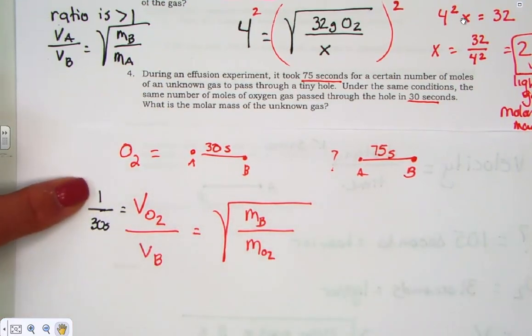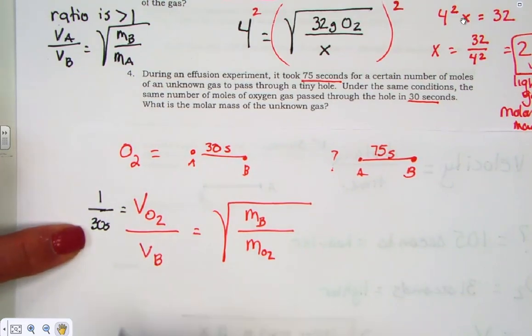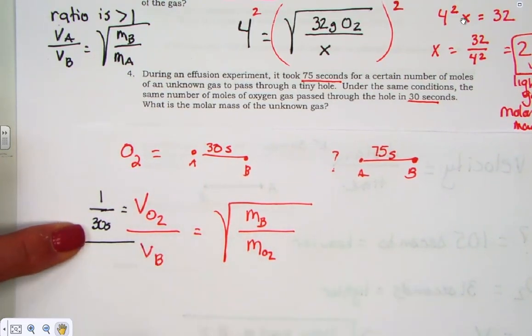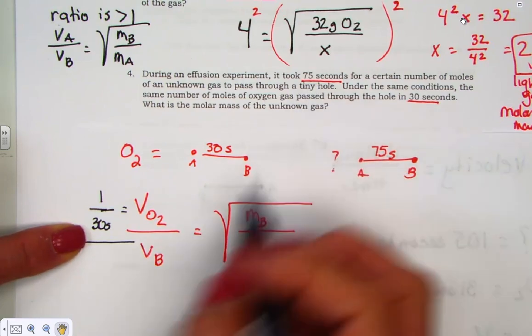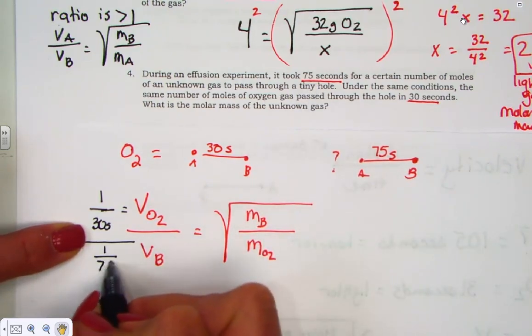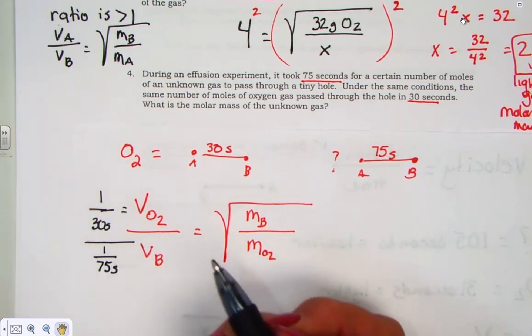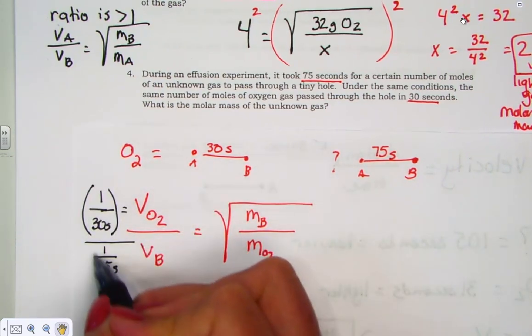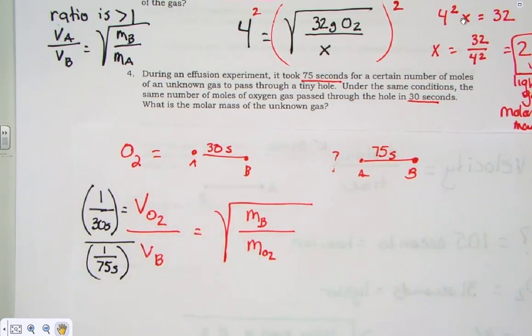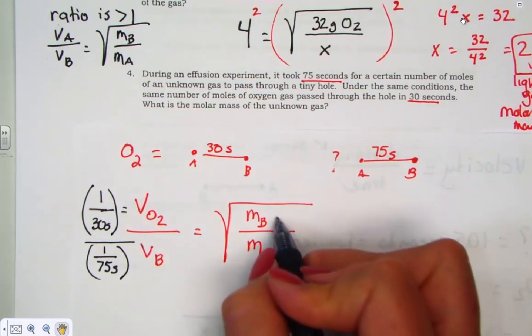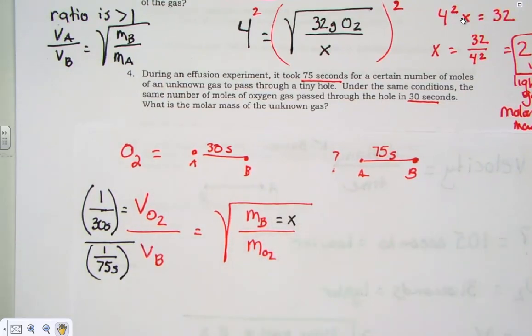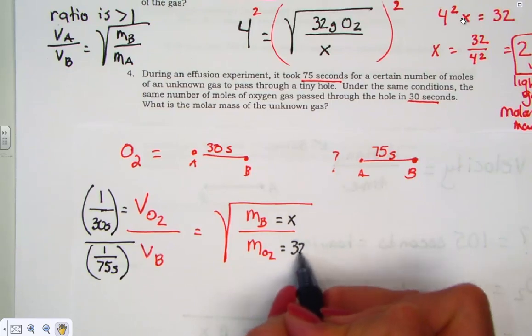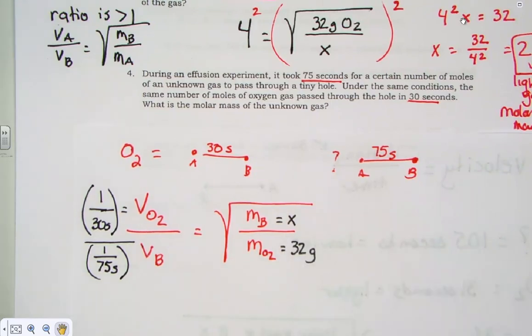There's the velocity, distance over time. Set over the time for the heavier gas, 75 seconds. The ratio is the velocity of oxygen set over the velocity of the heavier unknown. Of course, this is the x that we're targeting, and the molar mass of oxygen is 32 grams.